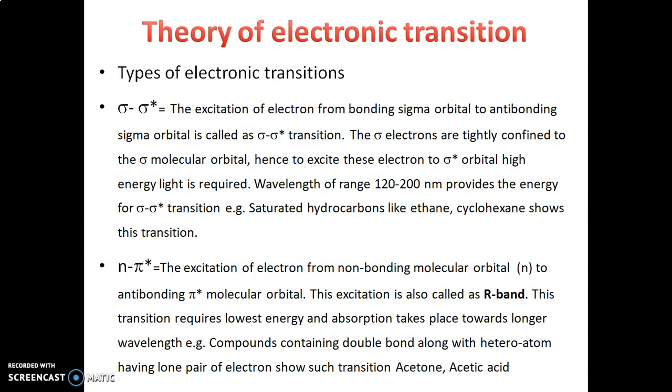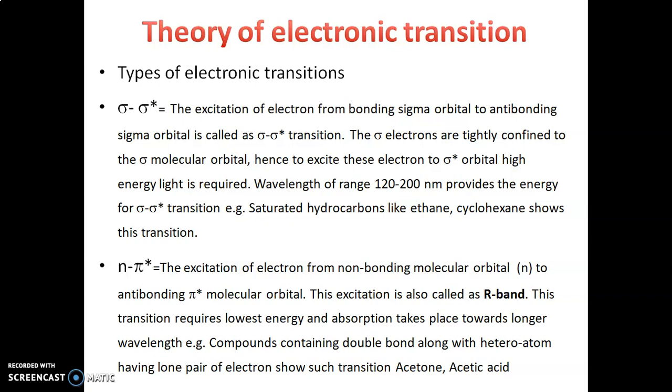and hence the energy gap between sigma and sigma star will be highest among the different transitions, and hence the radiation which belongs to near UV, or we can say 120 nanometers to 200 nanometers, will provide the energy to carry out the sigma to sigma star transition.